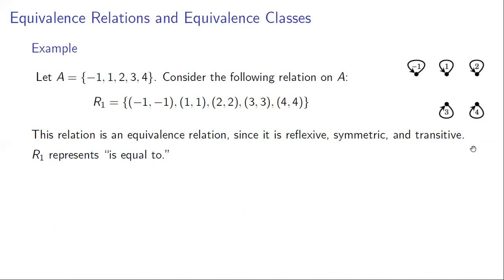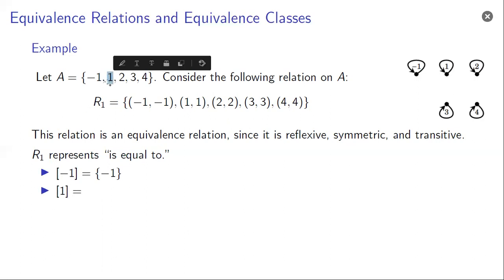Now, let's talk about the equivalence classes for this relation. First, what is the equivalence class containing -1? This is the set of all things in A that are related to -1. Which elements of A are related to -1? Only -1 itself. Next, what is the equivalence class of 1?